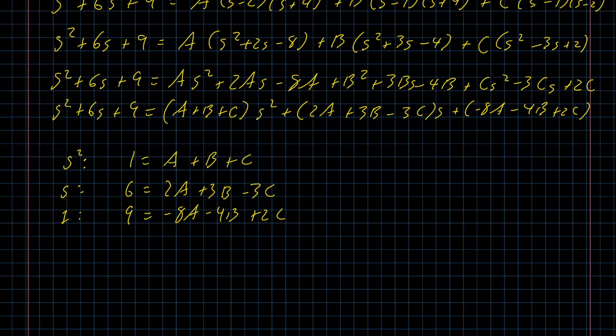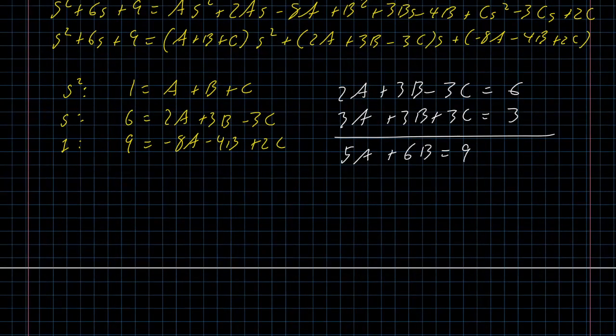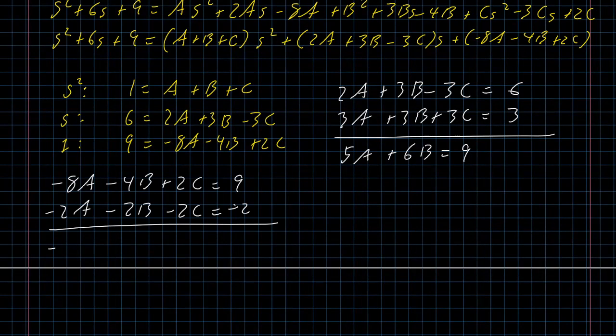But using the process of elimination, if I take the second equation plus 3 times the first equation, I get an equation that does not have C. And if I take the third equation and I subtract twice the first equation, I get a new equation that does not contain C.